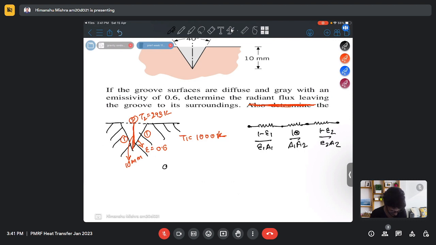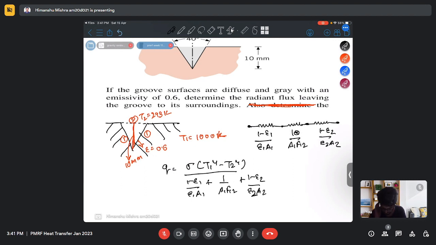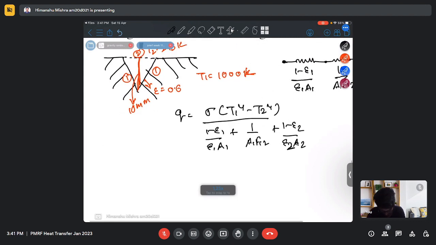And then my total heat transfer will be the same as we discussed in the last two questions. Now my emissivity at 2 will be 1 because it's just an open surface.